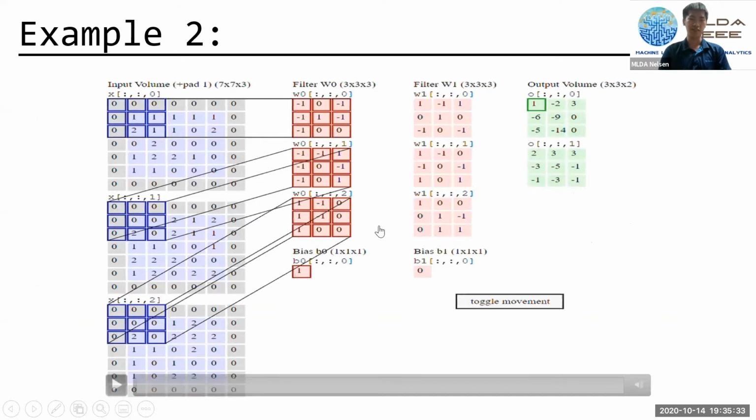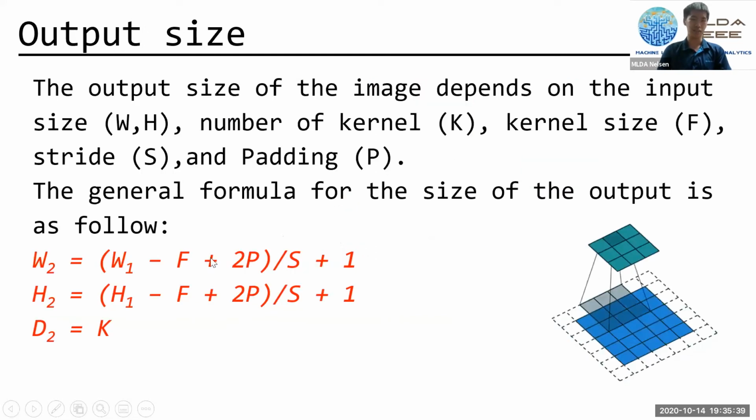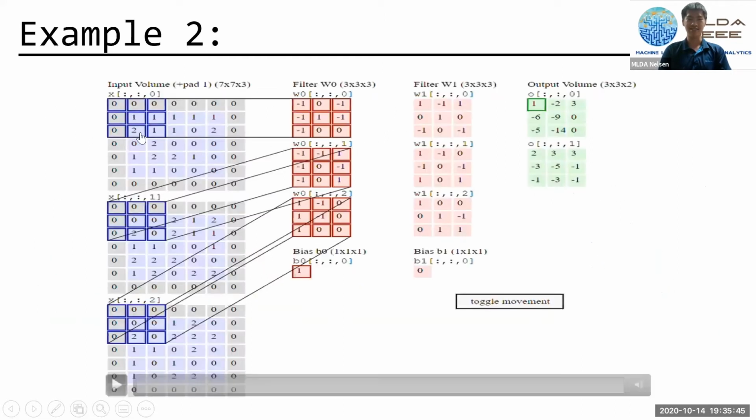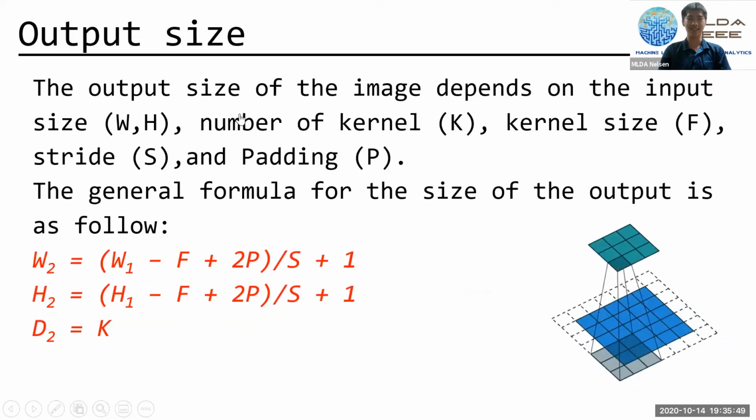There's rarely any convolution with, let's say, 3 times 4 or 4 times 3. So usually the kernel will be the same. And then the padding. The reason why there's a 2 here is that we add 1 on the left and we add 1 on the right. So there's the 2. And we divide it by the stride. This is mainly the formula used when we are trying to design our CNN.